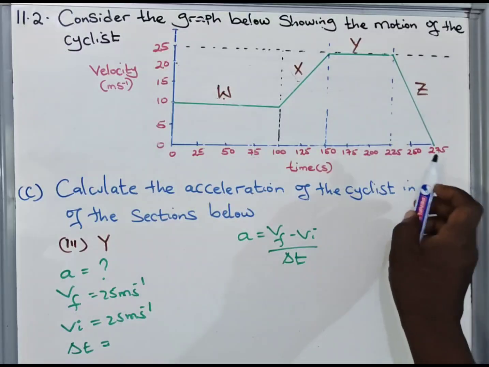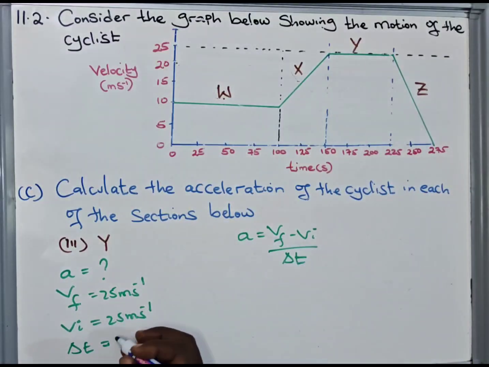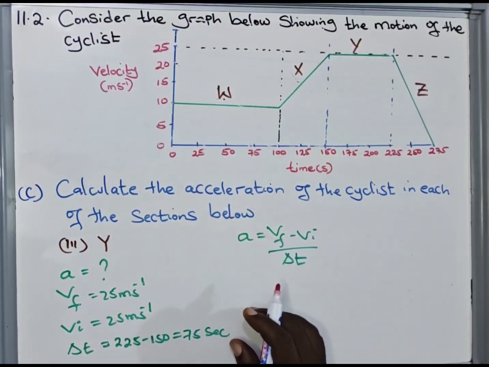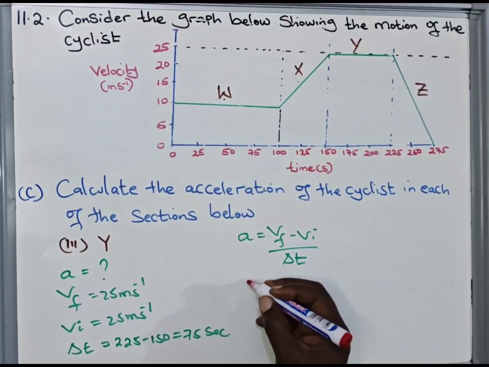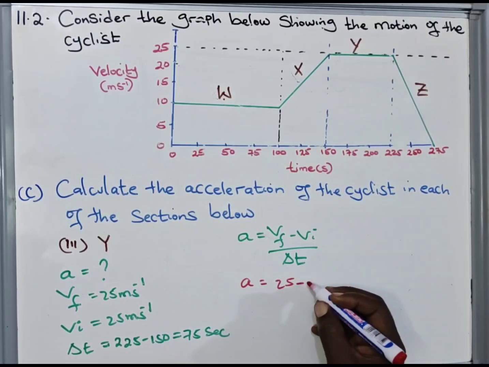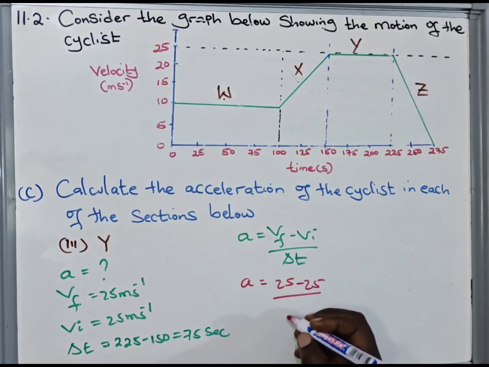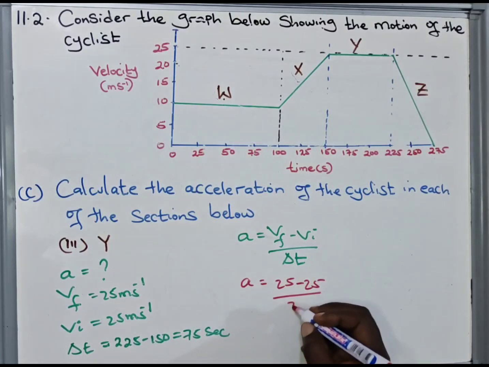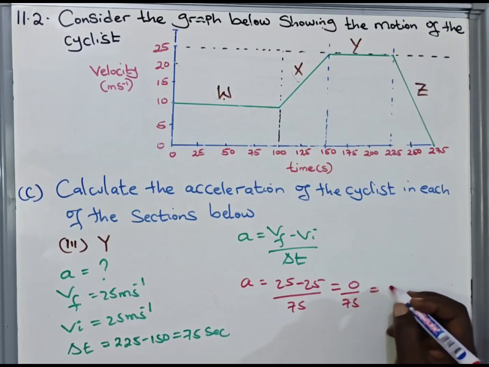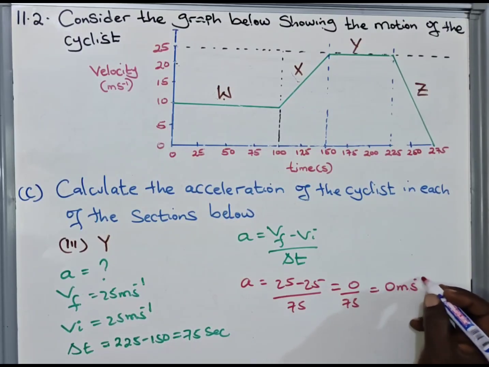Change in time is from 225 to 150, so it's 225 minus 150. So acceleration is equal to final velocity, 25, minus initial velocity, 25, divided by time, 75. This will give you 0 over 75, which is equal to 0 meters per second squared.